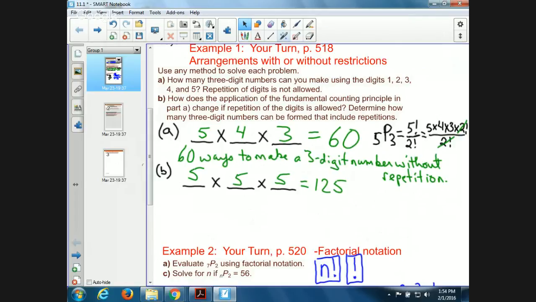And you definitely got the same thing there, 5, 4, 3. It'll come out to be 60 as well. That's just another method. That's what that formula is for. It's another way to organize your problems. It's better to work these out from first principles like we did though, okay?